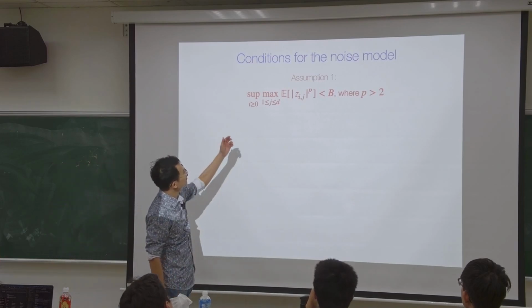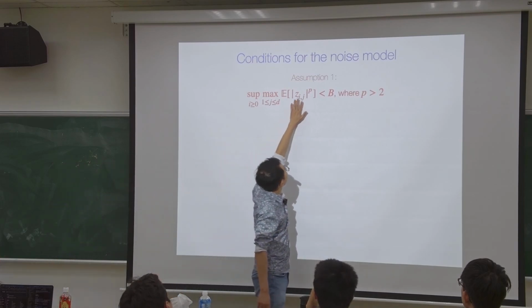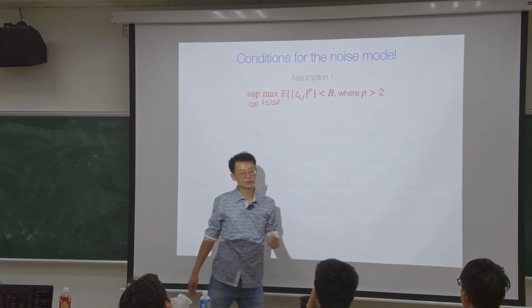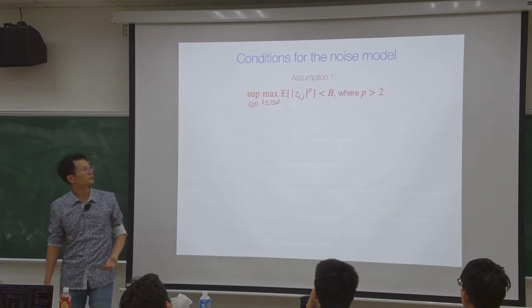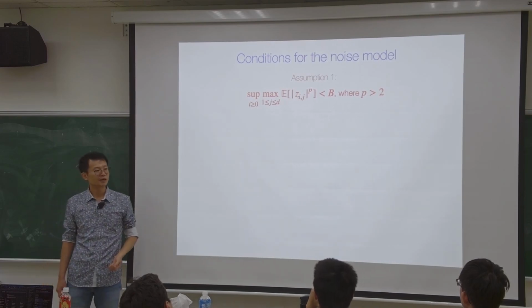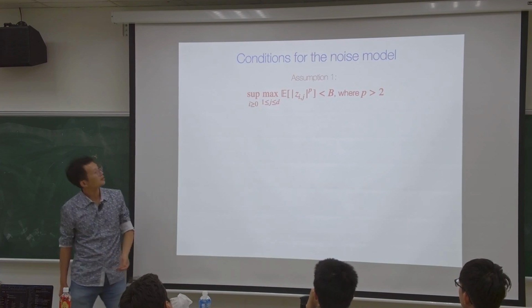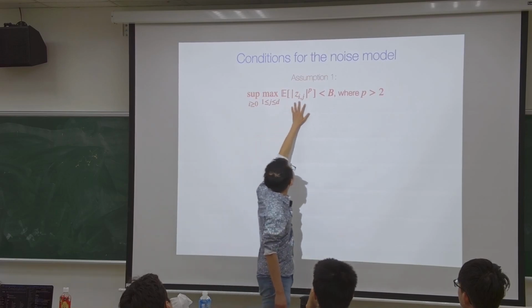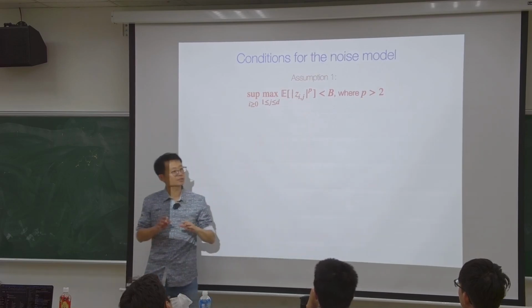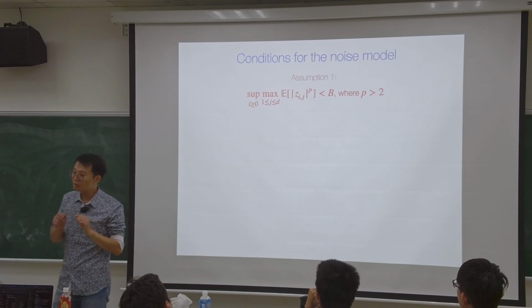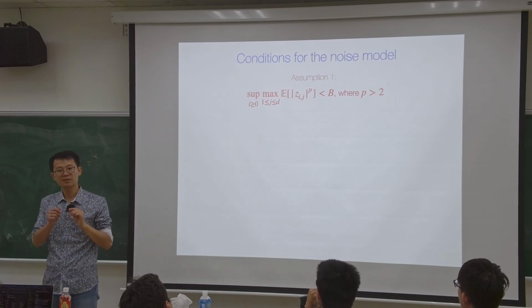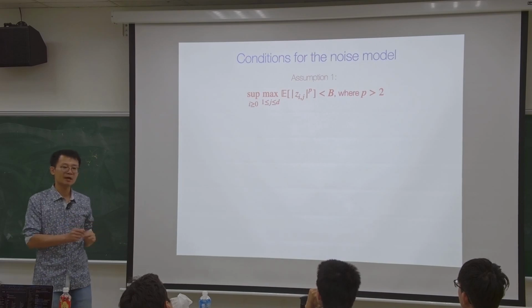The first one is we just need the noise to have p moments, p greater than 2. Oh, hold on. What is a moment? What is p greater than 2? And this notation looks a bit crazy here, right? Don't worry. It just tells you that the noise is not as crazy as possible.